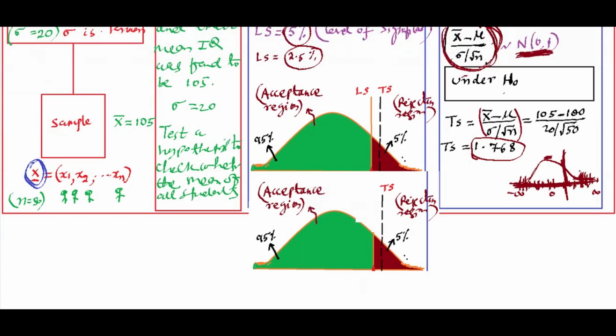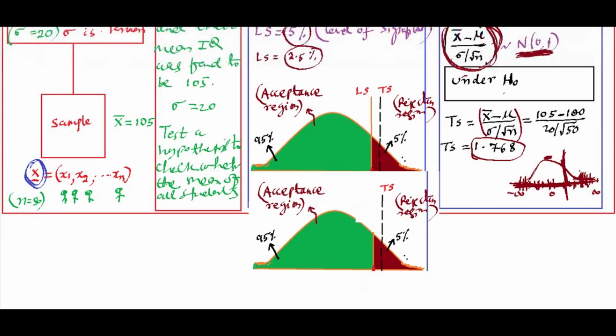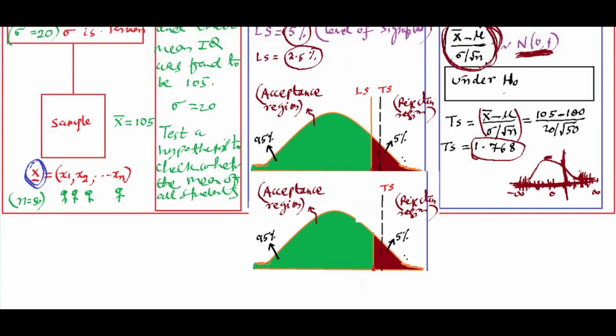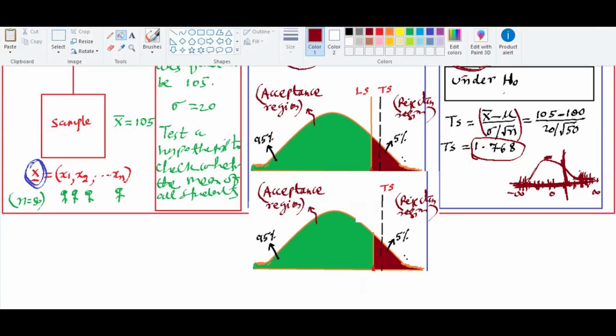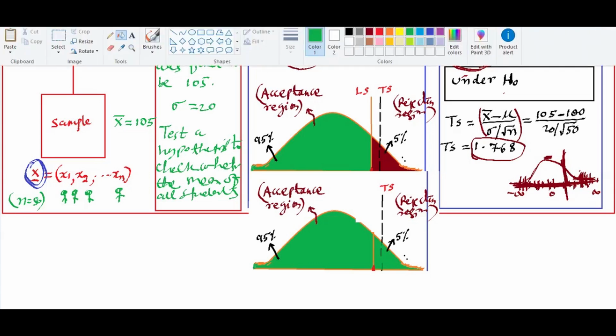We'll do it this way. This one also will be green. Okay. So now what will happen? Now you draw another line.